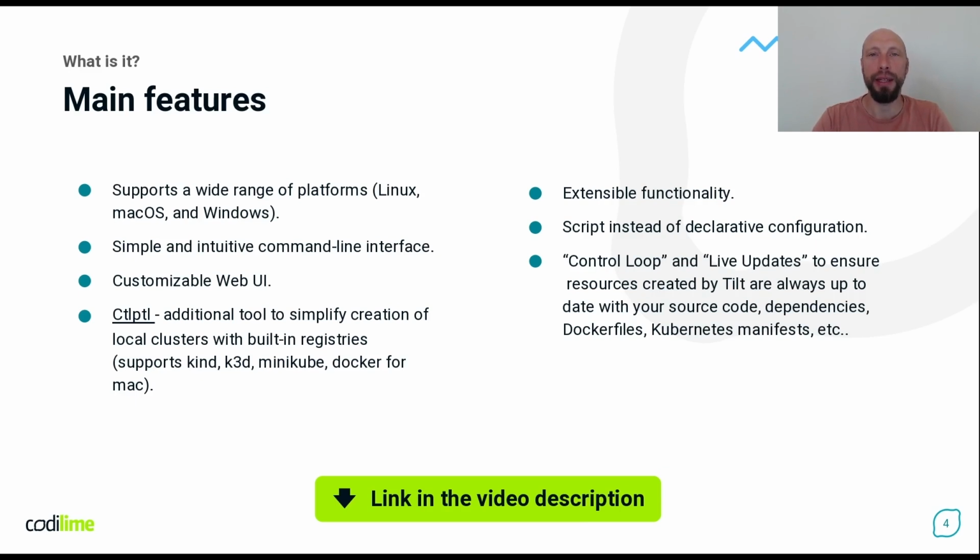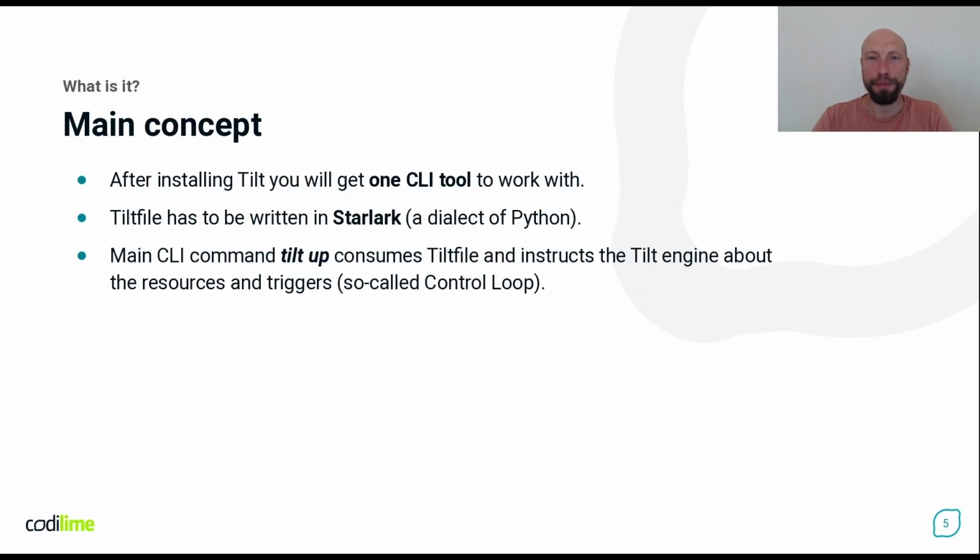Additionally, the team behind Tilt is also responsible for an application called CodiLime, which simplifies local Kubernetes cluster creation on top of the Kubernetes solution you choose. So it might be Kind, K3D, or Minikube, for instance. After installing Tilt, you will get one command line tool to work with.